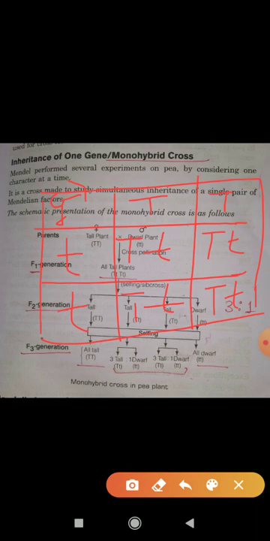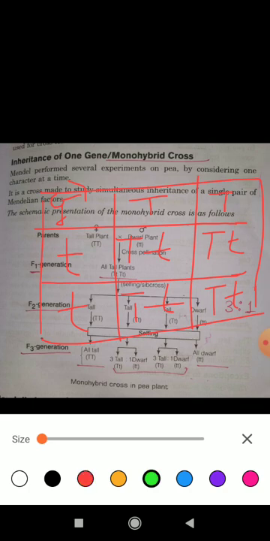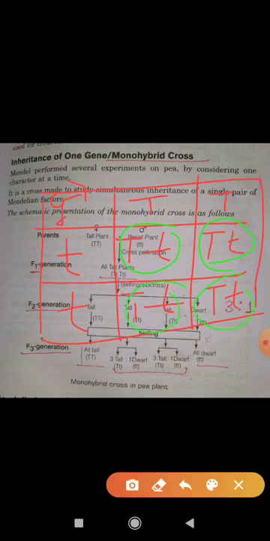In this Punnett square, if you go through these plants, all these plants, 1, 2, 3, 4, are tall but in heterozygous condition. If I write the phenotype, meaning how these plants will look, what is the phenotype ratio? Is it 4:1? And what is the genotype ratio?